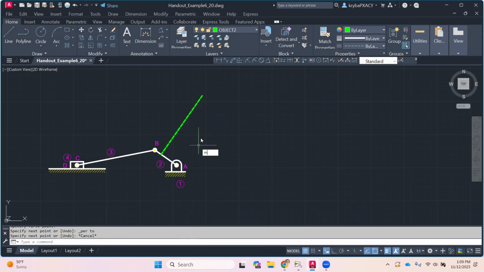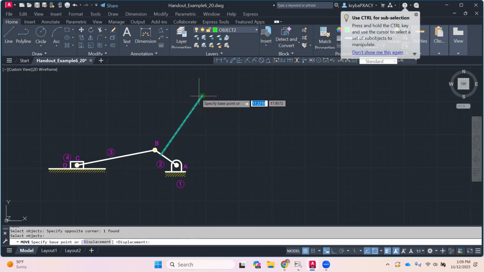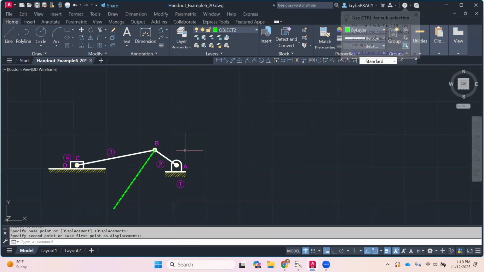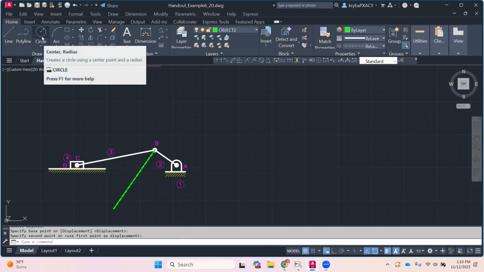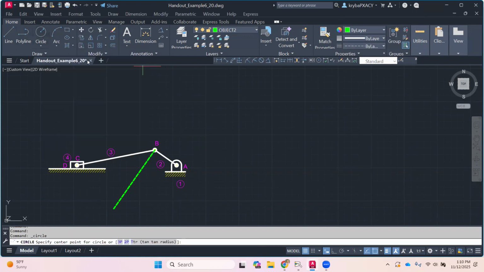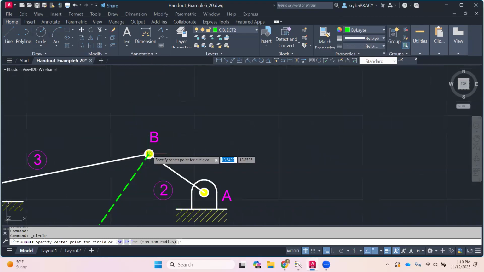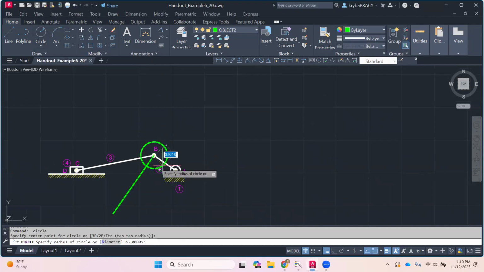What I'm going to do is move the endpoint here to the endpoint of where B is, because this vector is going to be at point B, okay? And then I'm going to draw a circle, center radius. So I'm going to go from the endpoint here where B is, and tell me what my radius is going to be.